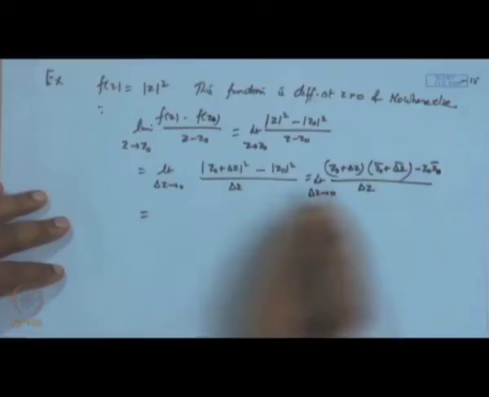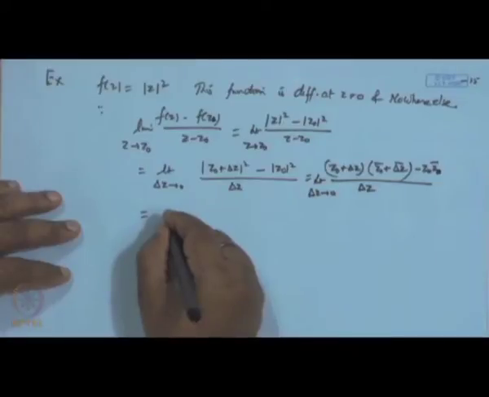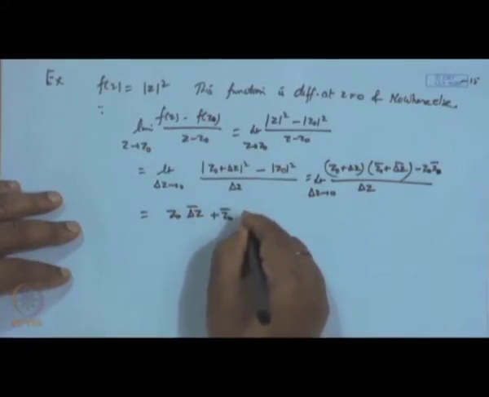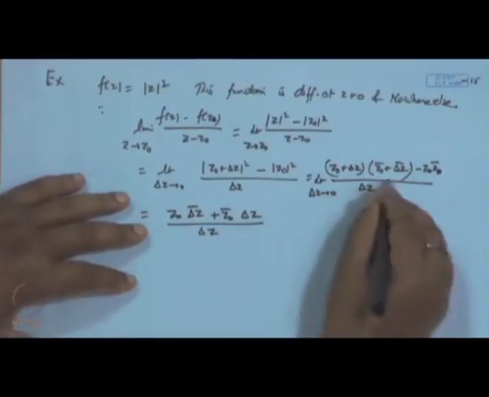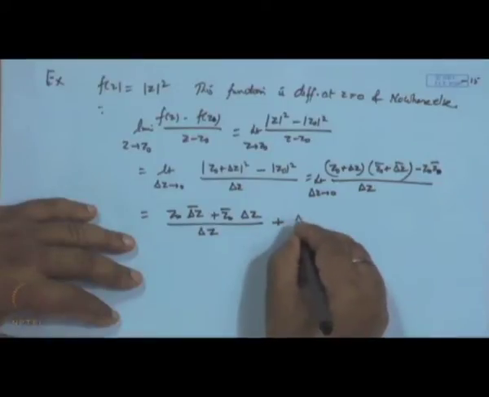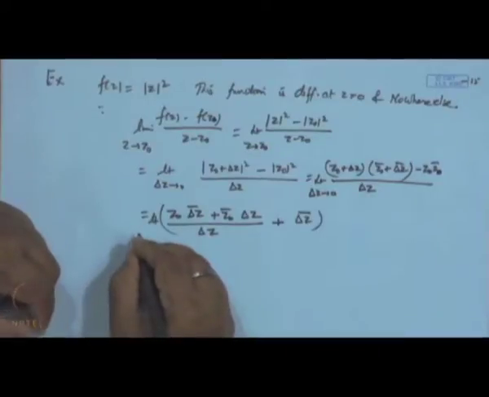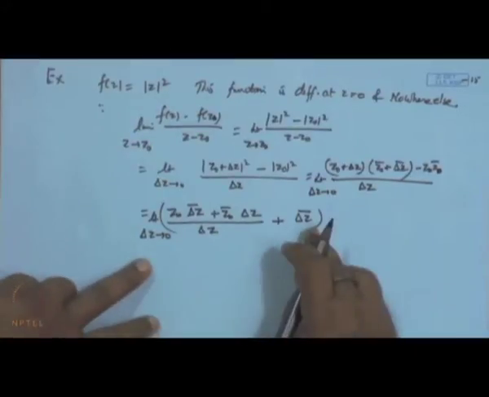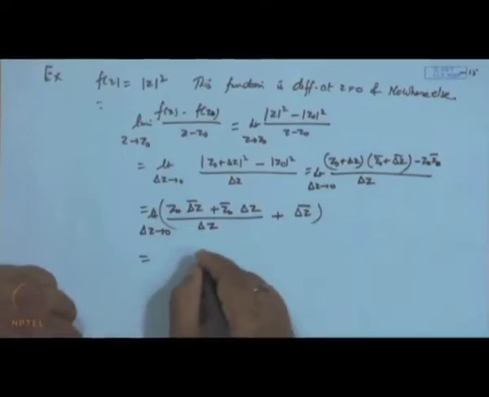If we simplify it, the mod z naught square cancels, and what you get is z naught delta z bar plus z naught bar delta z, divided by delta z, and then another term, delta z bar. Take the limit of this as delta z goes to 0. If delta z goes to 0, delta z bar will go to 0. So it is no problem, and here it can be written as z naught.